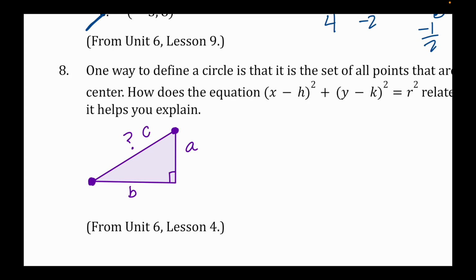The problem is these points, if we're on the coordinate plane, we're going to have to give them locations. For our vertical change, just like in slope, we can think of it as y2 minus y1. And for the horizontal change, x2 minus x1.